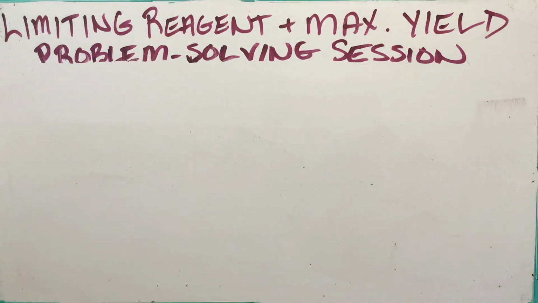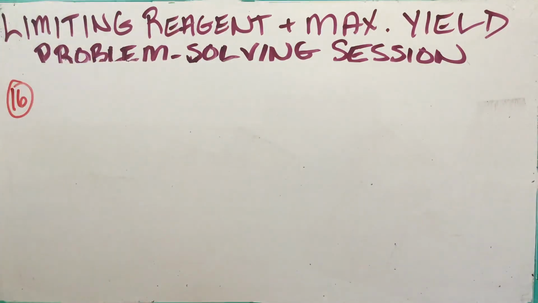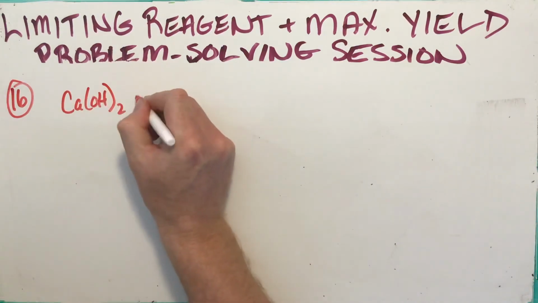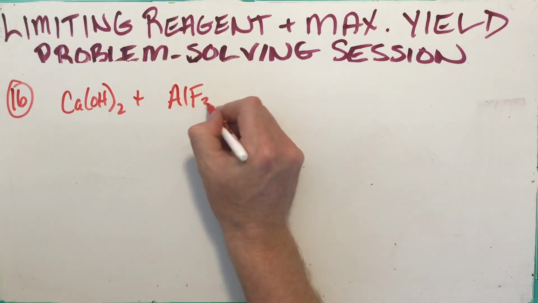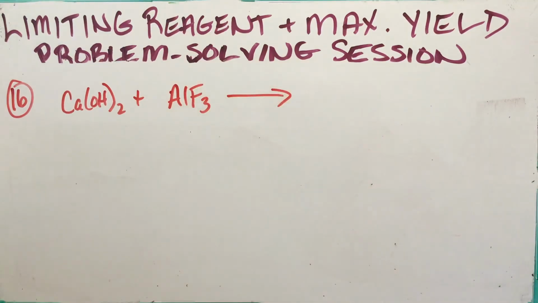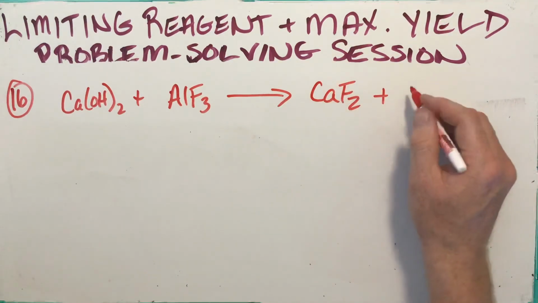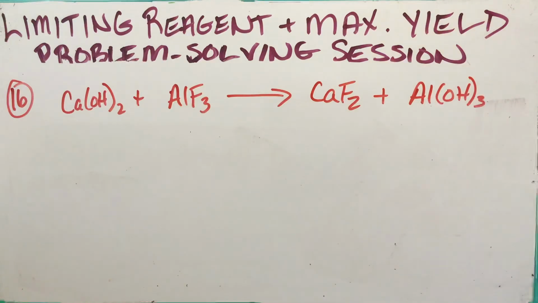All right. Number 16 says if I have calcium hydroxide plus aluminum fluoride, I'll end up with CaF2 and Al(OH)3.